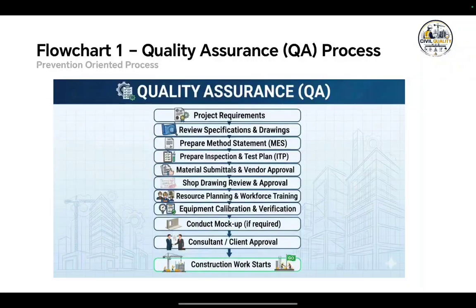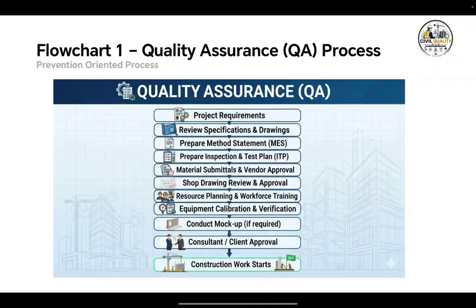Then we review drawings and specifications, then prepare the method statement, then we prepare the inspection test plan. Then we take approval of materials, vendors, and all. Then we review the shop drawings, train manpower, calibrate equipment, conduct mock-ups if required, and obtain consultant approvals. Only then does construction work start.